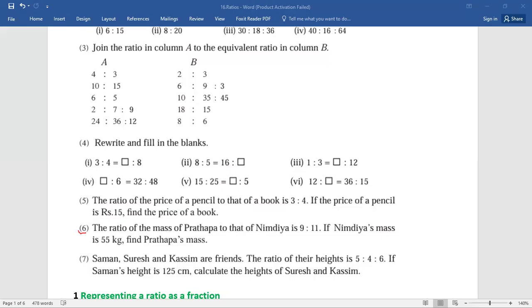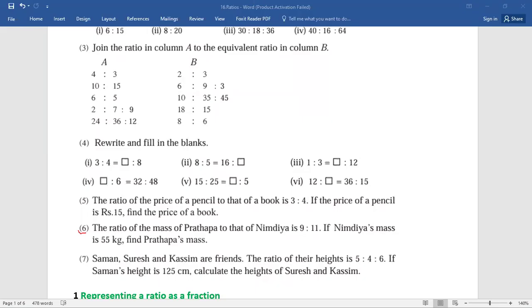Pratapa to India, 9 to 11. I will say Pratapa equals P, India equals I, so this is for your reference.